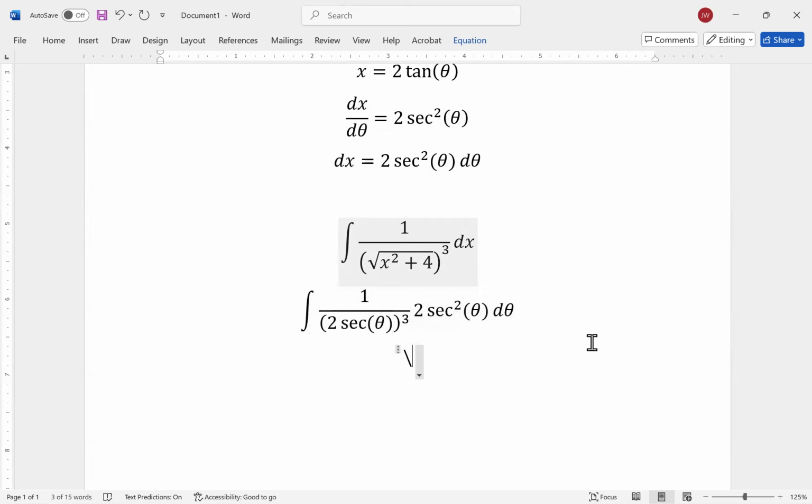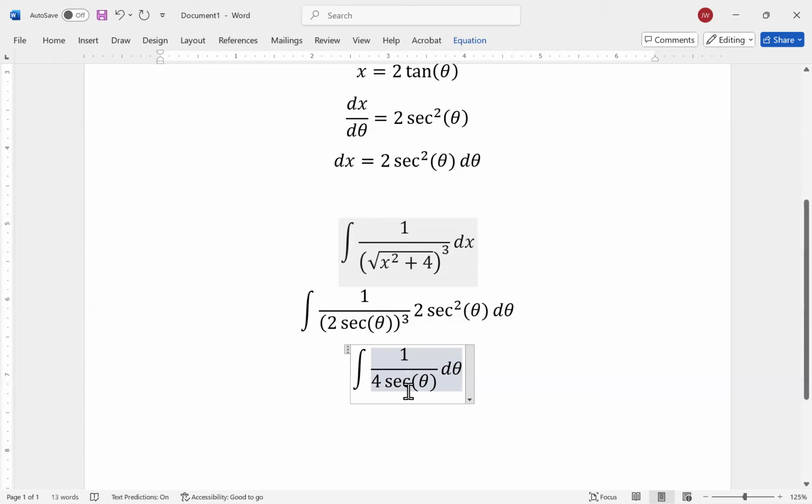And then I'll get 1 copy of secant on the bottom. In other words, this integration becomes 1/4 times 1 over secant of theta. One over secant, we know that is cosine.